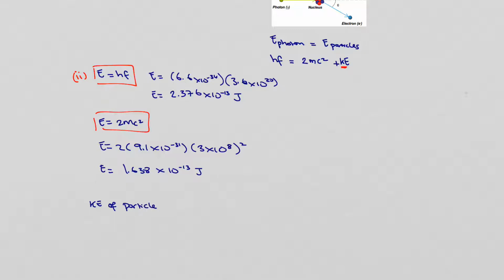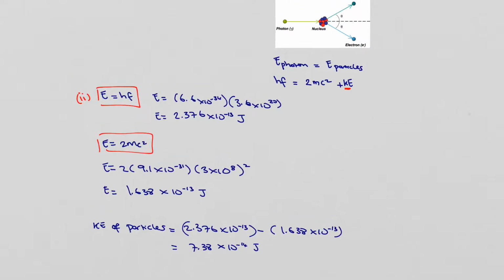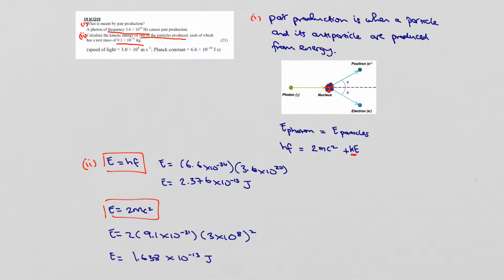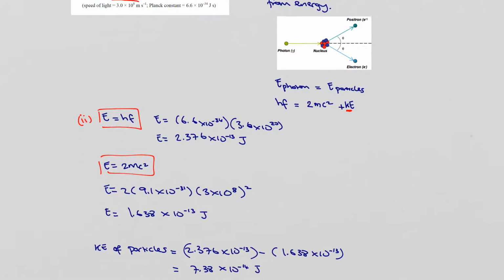So the kinetic energy of the particles will be the difference between 2.376 by 10 to the minus 13 minus 1.638 by 10 to the minus 13. If I subtract those two values, I end up with 7.38 by 10 to the minus 14 joules. But because it's pair production and there are two particles, and if I go back up to the question, it says what's the kinetic energy of one of the particles produced.